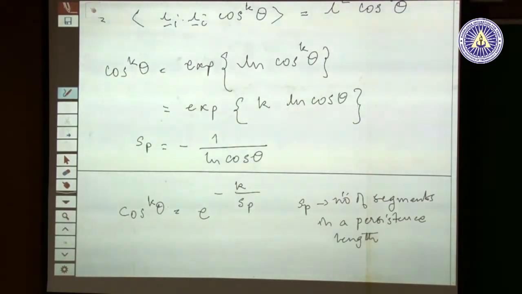So you can see as k becomes large compared to sp, this exponential decays rapidly, and that is why this cos to the power of k theta decays rapidly. In fact, this will prove useful later for some things I want to talk about.